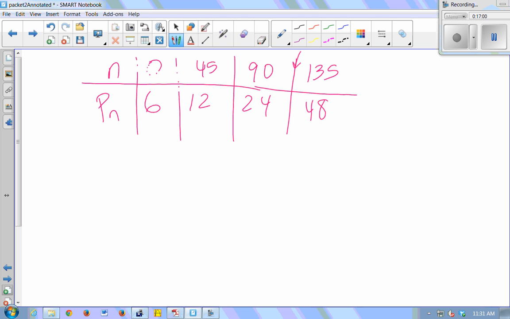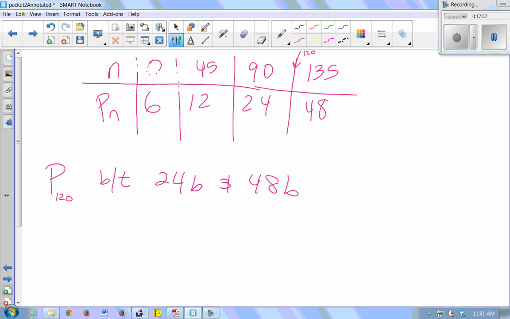They double every 45 years. So my population in the year 2120 should be somewhere between 24 and 48 billion. Does that seem like a logical answer? So P sub 120, for population in year 120, should be between 24 billion and 48 billion, because it's going to double somewhere between 2 and 3 times.